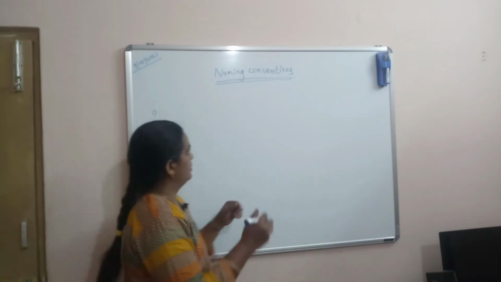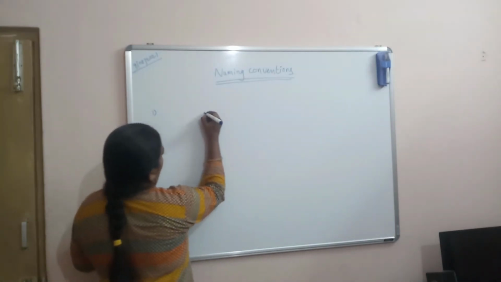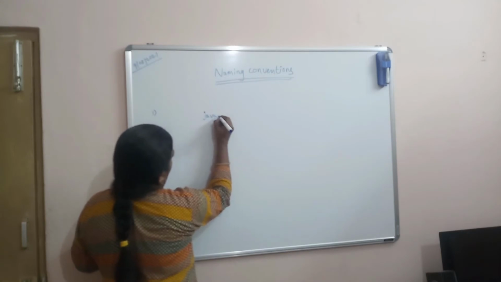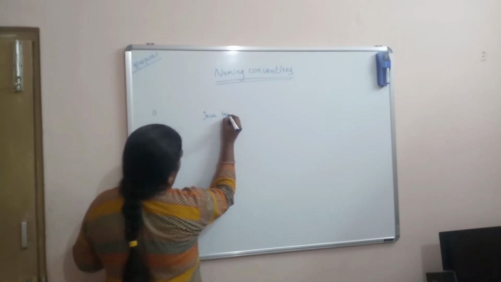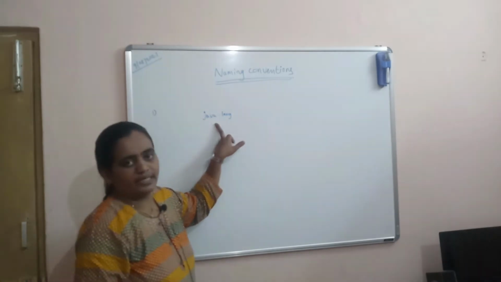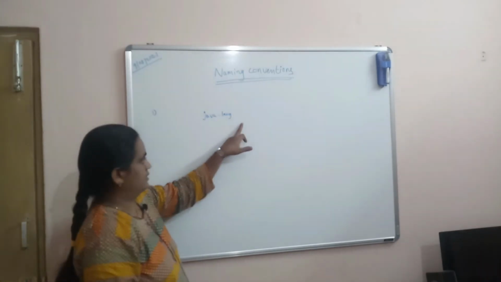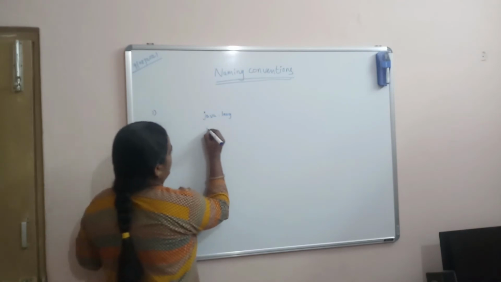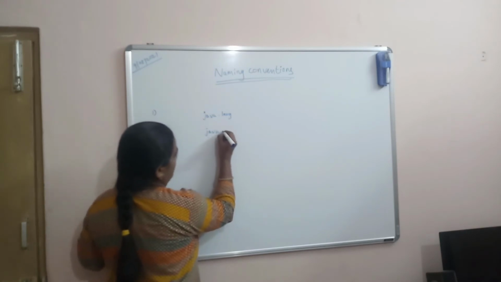For example, in our previous Java programs we used java.lang. This is a package. You need to write the package name with all small letters. One more package name, java.io.